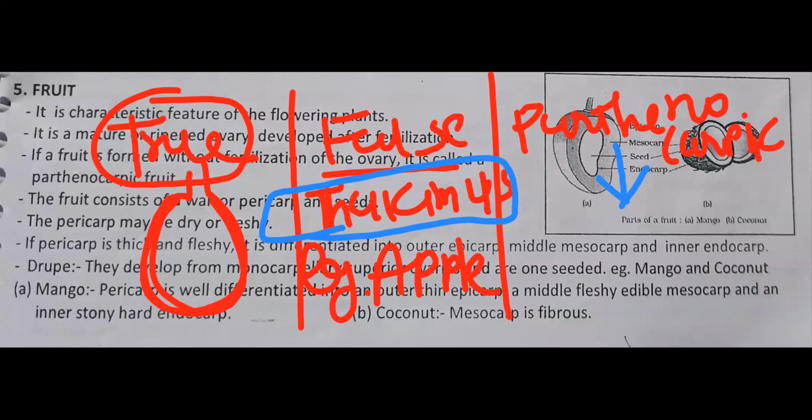So these are parthenocarpic fruit. Fruit develops without fertilization, and with no seeds. Remember, these all are parthenocarpic fruit. So this is the basic classification of fruit.